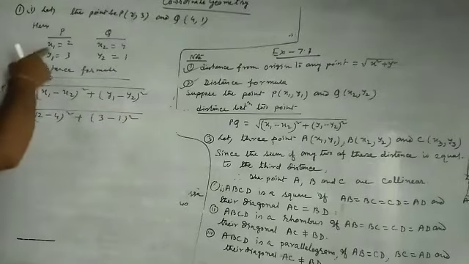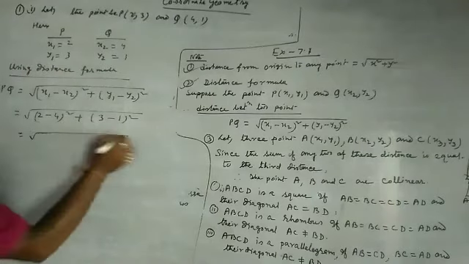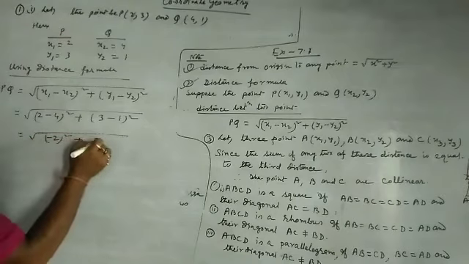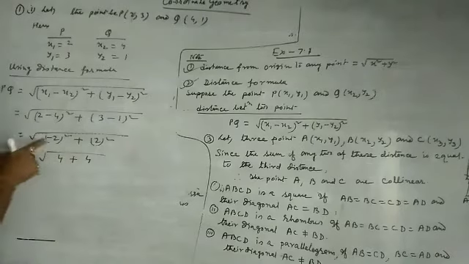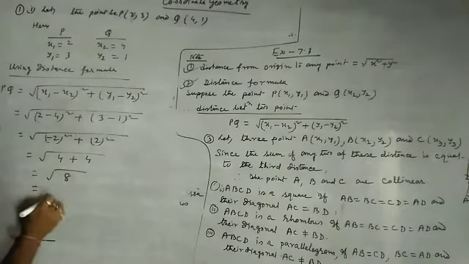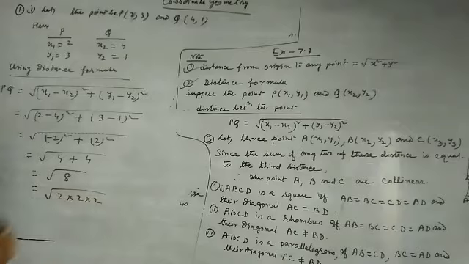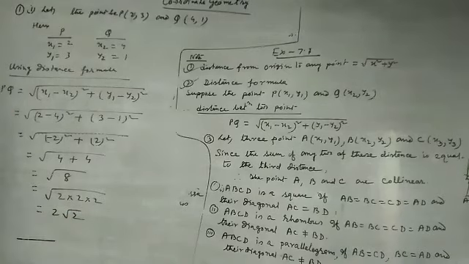That is (-2) whole square plus 2 whole square, 4 plus 4, root 8. We can do it like this. The factors of 8 are 2, 2, 2, with 2 as the prime factor. So it is 2 root 2.